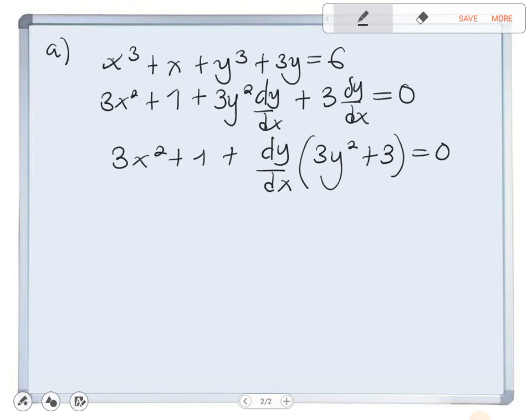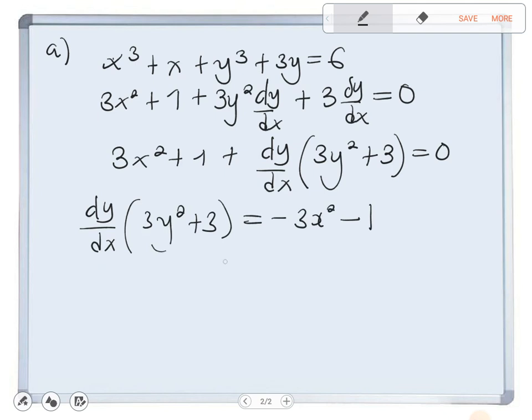Now we can take this part to the other side of the equation. So we remain with dy/dx times (3y squared plus 3) is equal to negative 3x squared minus 1.